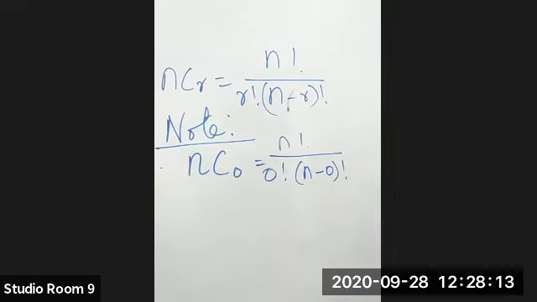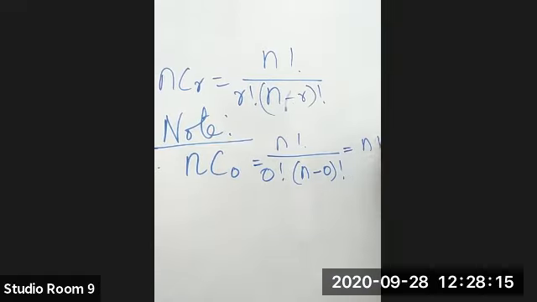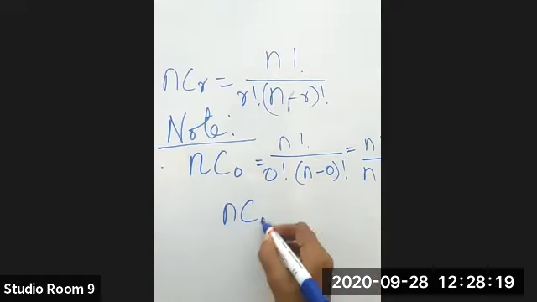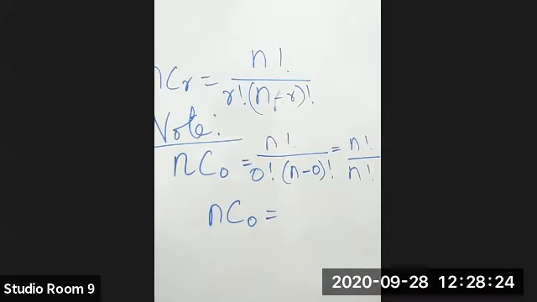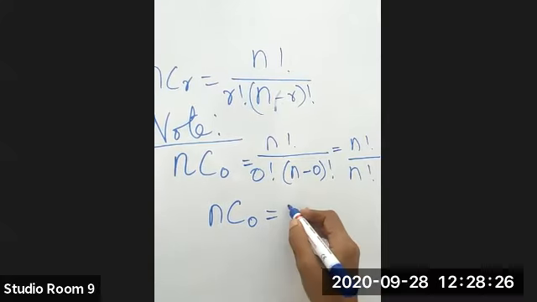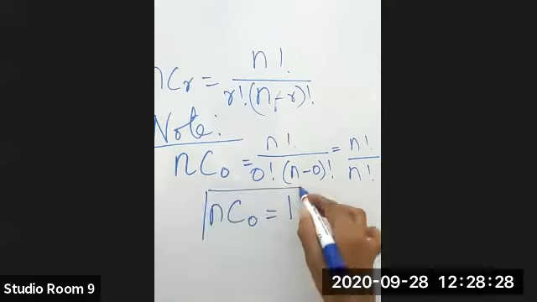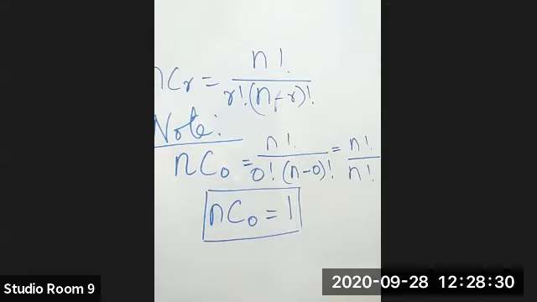So this is the same as n factorial by n factorial. Therefore nC0 is 1.